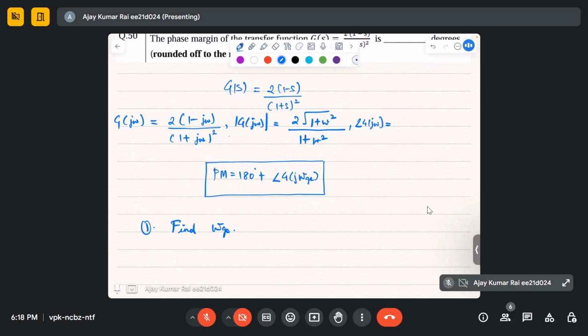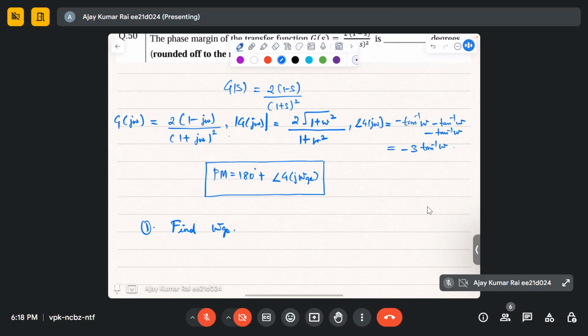So let's find the phase. In the numerator we have 1 minus j omega. This is for the numerator, and again for the denominator, we have minus 10 omega. I'm writing it like this. So we can write minus 3 into tan inverse of omega. Any doubt in the phase, why it is minus 3 tan inverse omega?